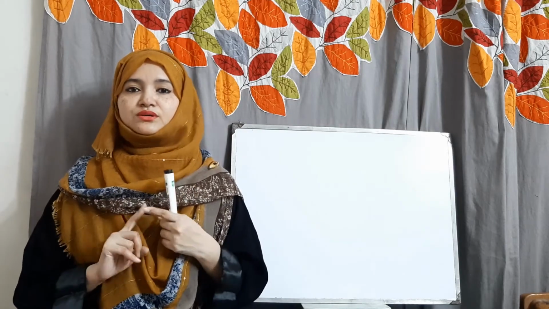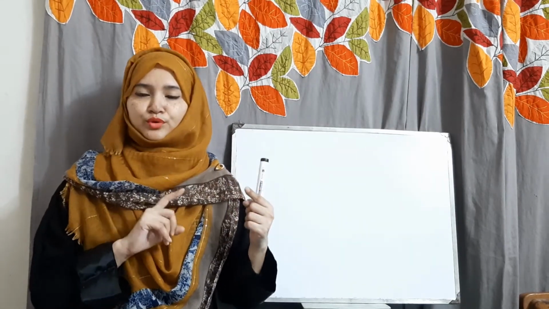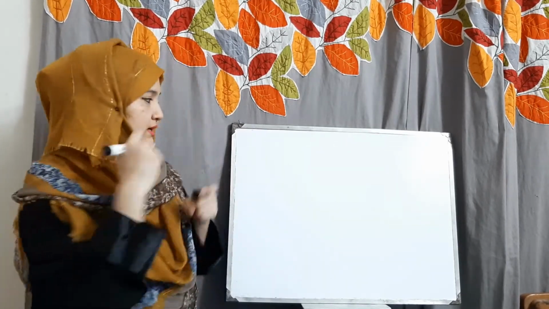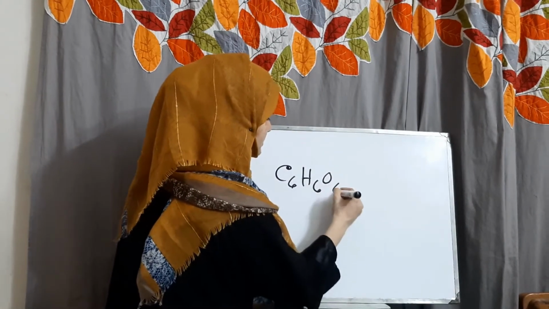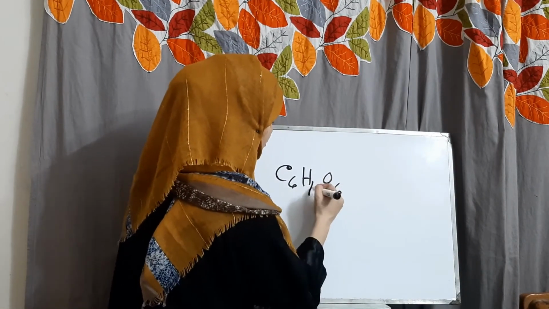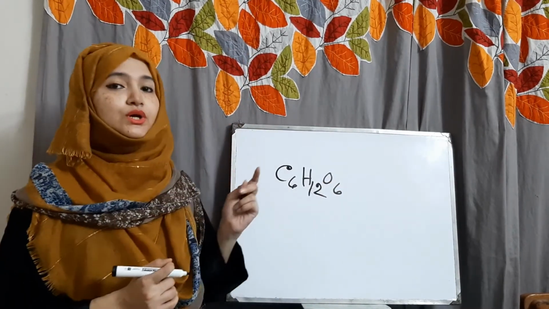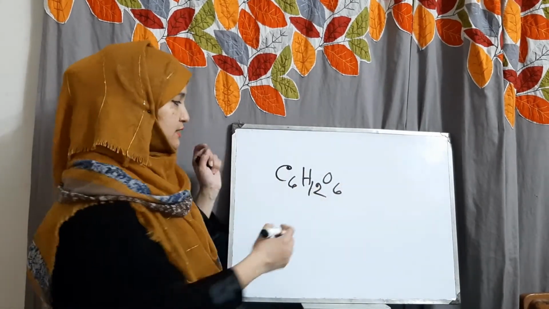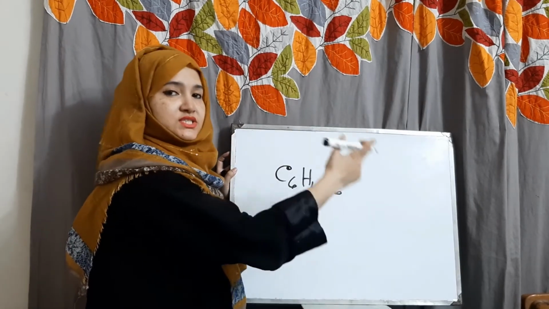That means amino acids are the monomers of protein, and glucose, C6H12O6, is the monomer of carbohydrate and starch.